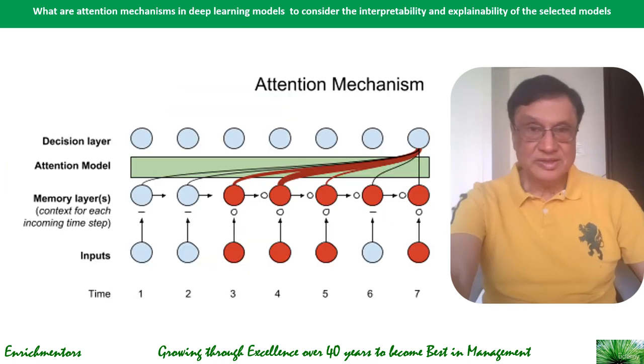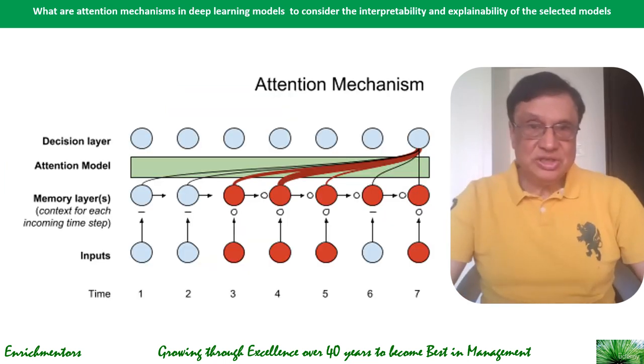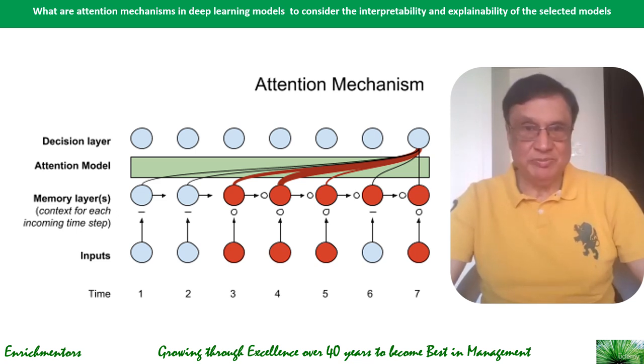Right. So, attention mechanisms in deep learning models allow your model to focus on specific parts of the input when making predictions. So, instead of being very objective, it starts becoming subjective like human beings are, and you start paying attention to some part of the data, and that provides insights into which features or components are most relevant for the task at hand.